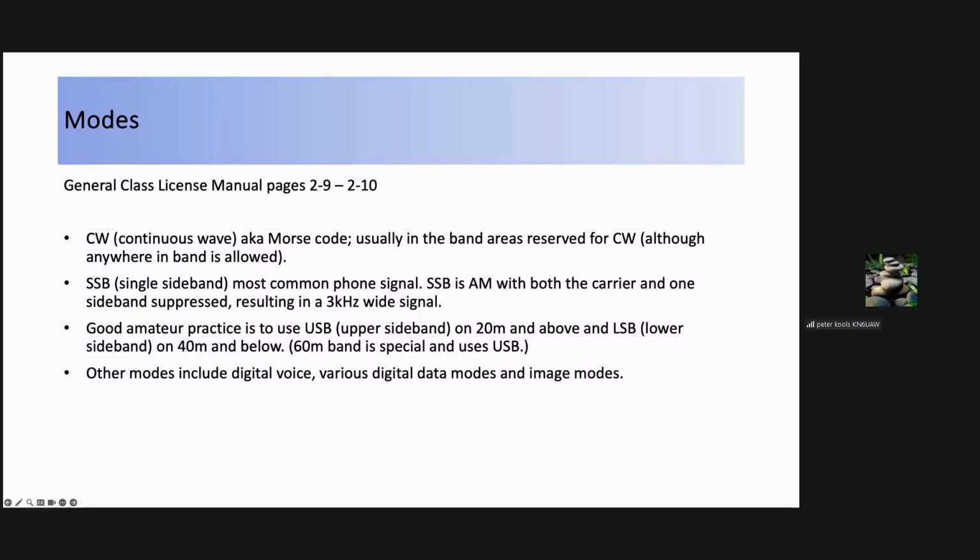The 60 meter band is special and it specifically requires that you use upper sideband on the 5 channels that are available there. Other modes include digital voice, digital data modes, and image modes. A variety of ways to send information over a radio within the bands that are available to amateur licensees.